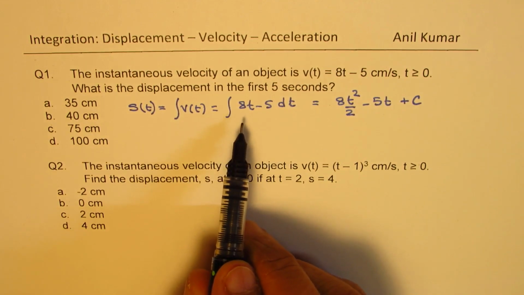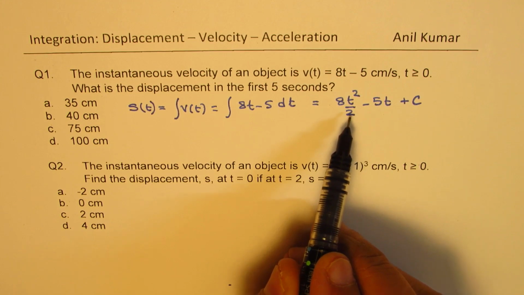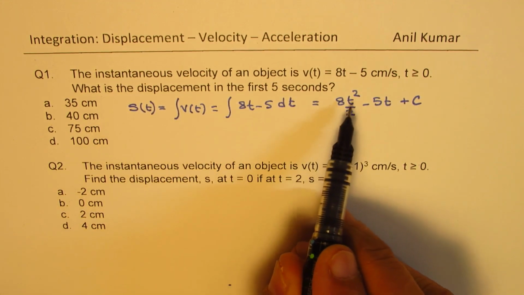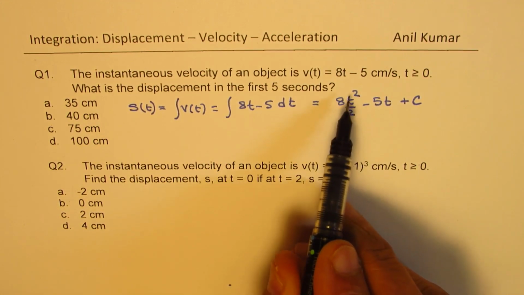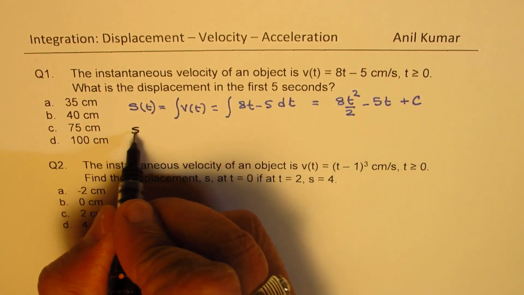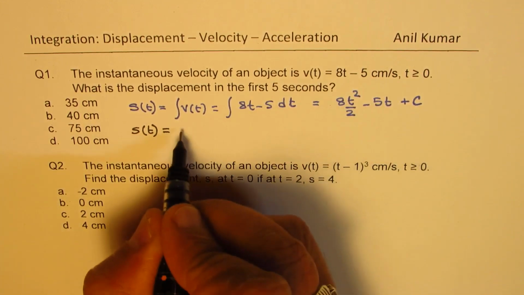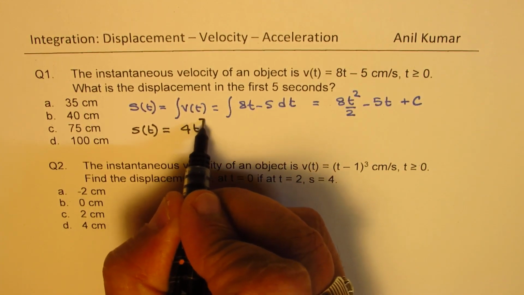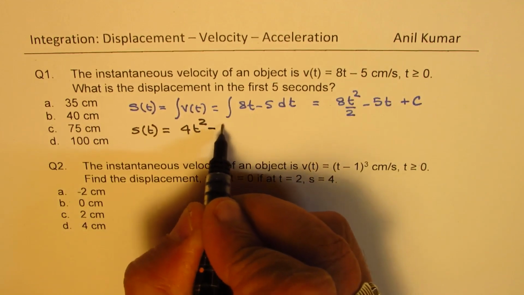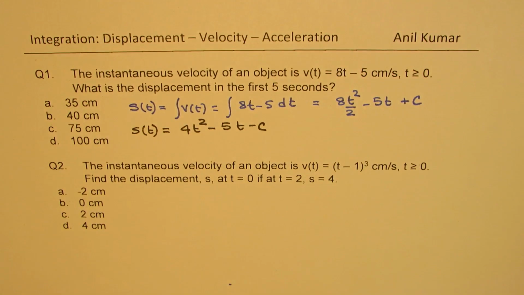One thing is important to understand here, that this graph of displacement is a parabola, right? So let me write this function s of t as equal to 4t square minus 5t plus c. So that is our expression.